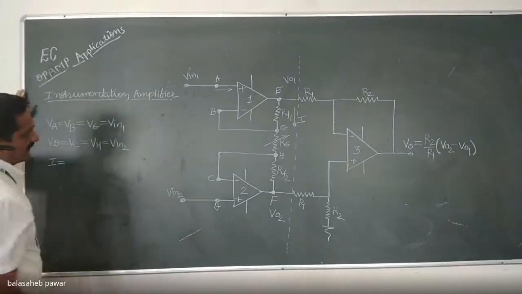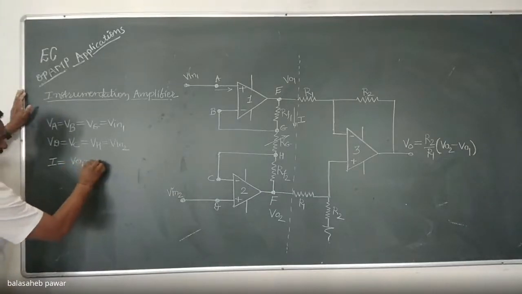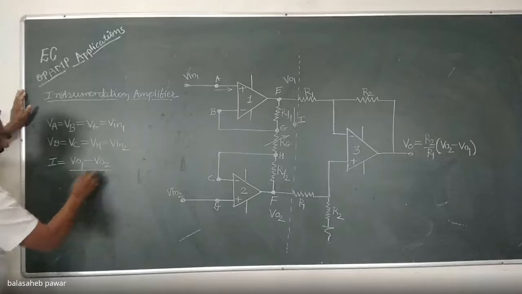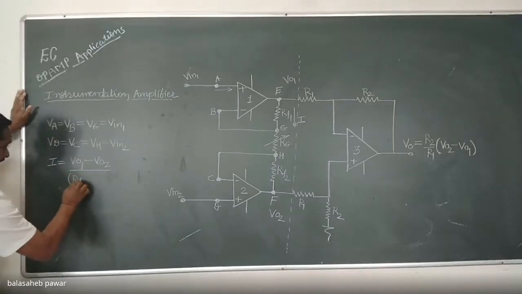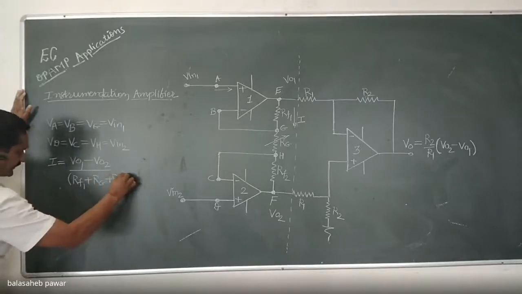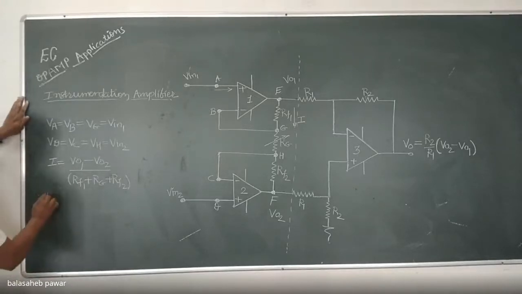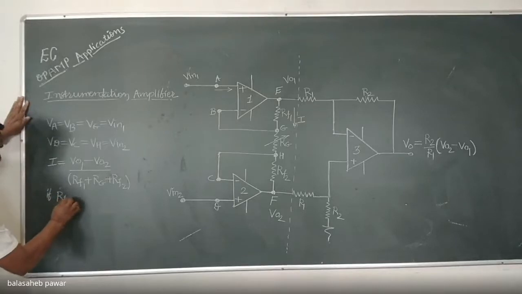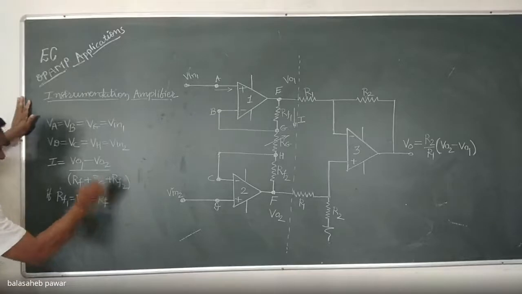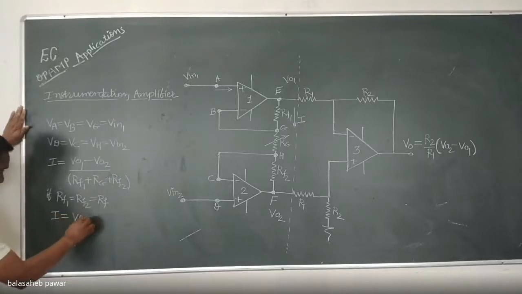We have to write the equation for current, that is I equals the potential difference across that series combination of three resistors. And what is the potential difference? It is VO1 minus VO2 divided by the total resistance, RF1 plus RG plus RF2. If RF1 equals RF2 equals RF, simply we will call it RF.